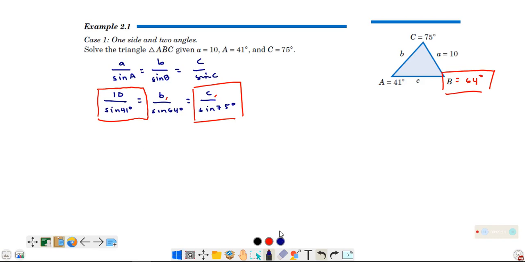So, separate natin sila. We have here 10 over sine 41 degrees over C over sine 75 degrees. Again, pwede nyo rin gamitin ito kapartner nitong sine A. Depende kung saan kayo comfortable. You will end up with the same values.